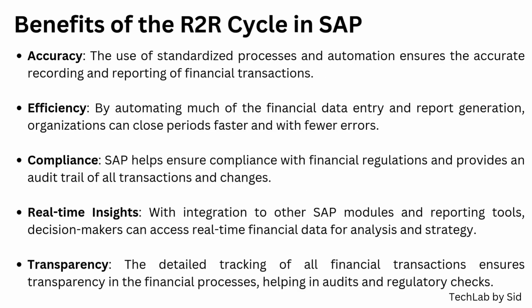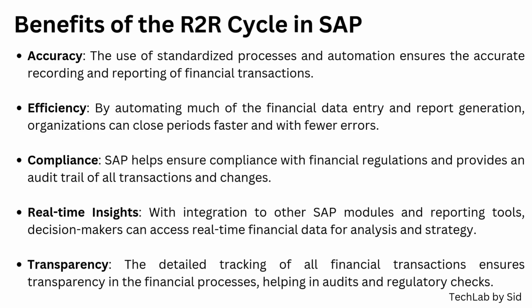The record-to-report cycle brings several key benefits that enhance financial operations within an organization. First, it ensures accuracy by using standardized processes and automation to precisely record and report financial transactions, minimizing errors.